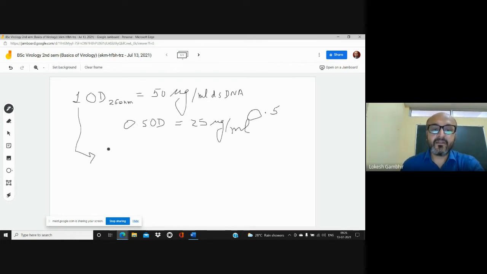Similar to this, if 1 OD at 260 nanometer is for single stranded DNA, then it will be 30 to 33 micrograms per ml.